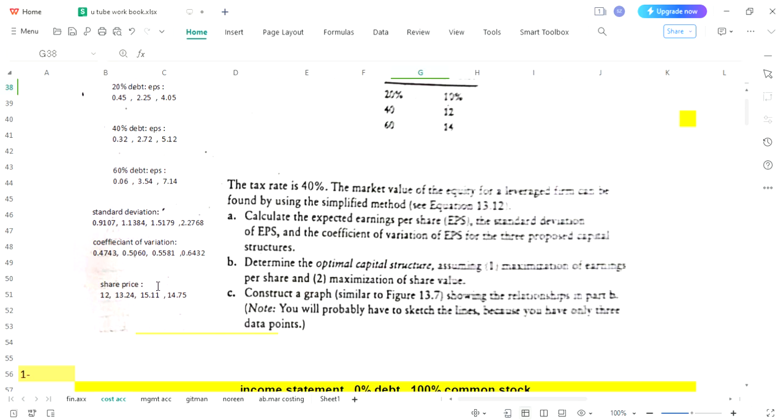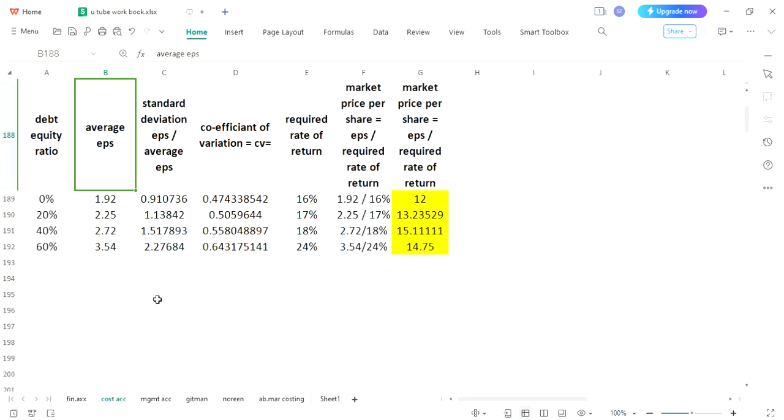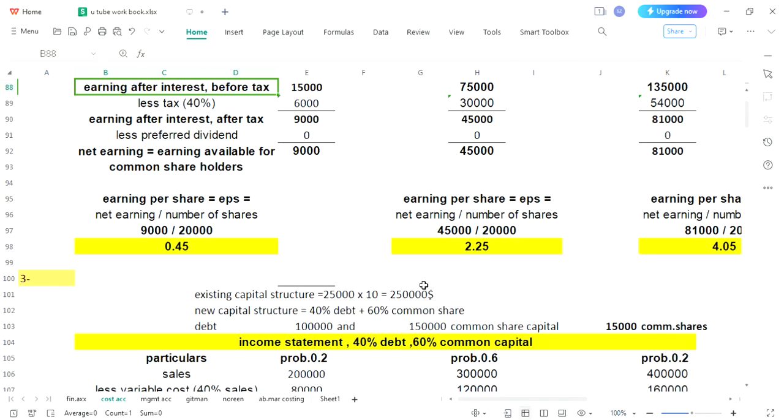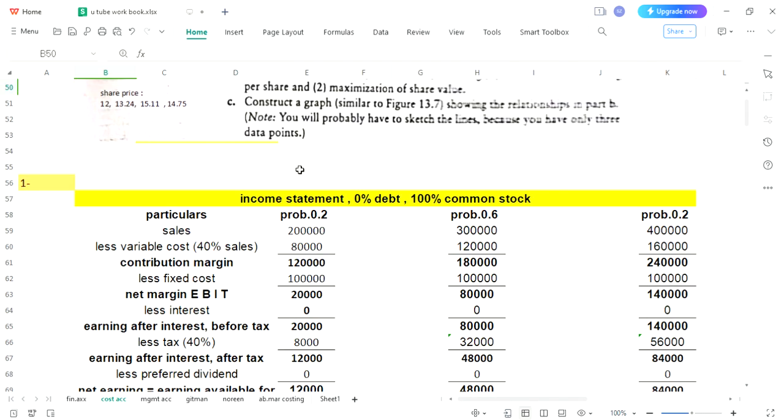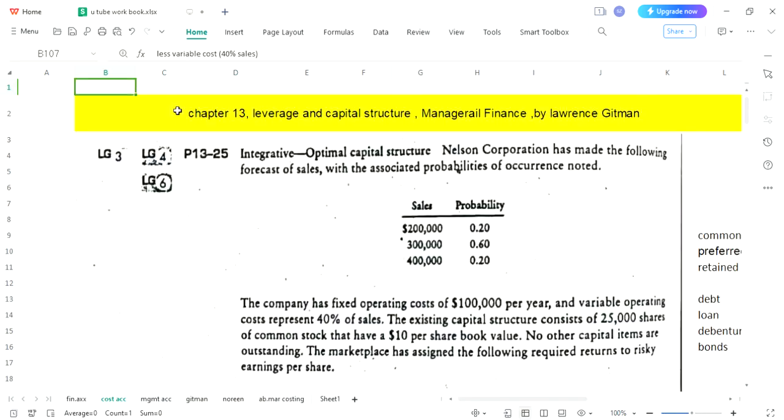Okay, second answer is 13.24. Third answer is 15.11, and final answer is 14.75. So thankfully all answers are calculated and matched.